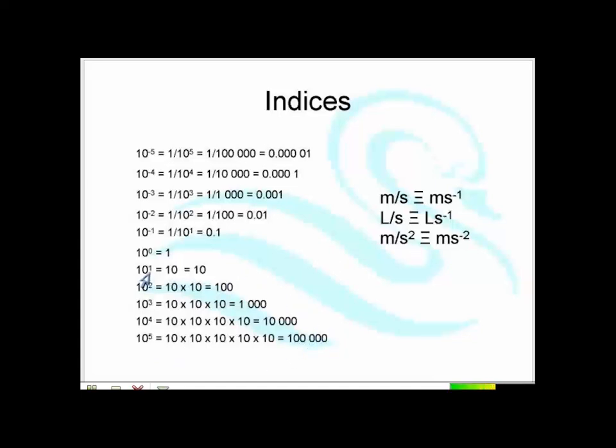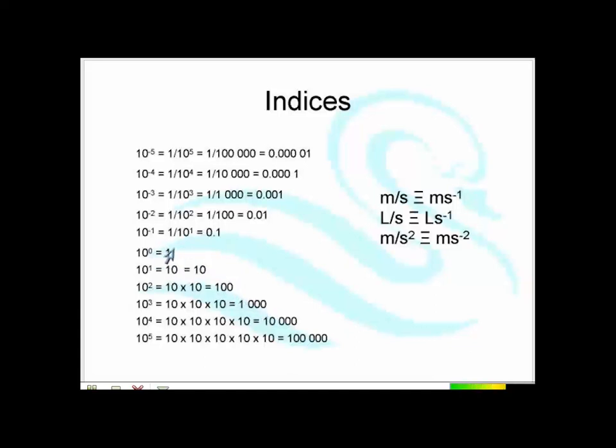So it kind of follows that 10 to the power of 1 would have 1 zero. And it turns out that anything to the power of 1 is just itself. And it also kind of follows that 10 to the power of 0 would have no zeros on. And it turns out that anything to the power of 0 is 1.